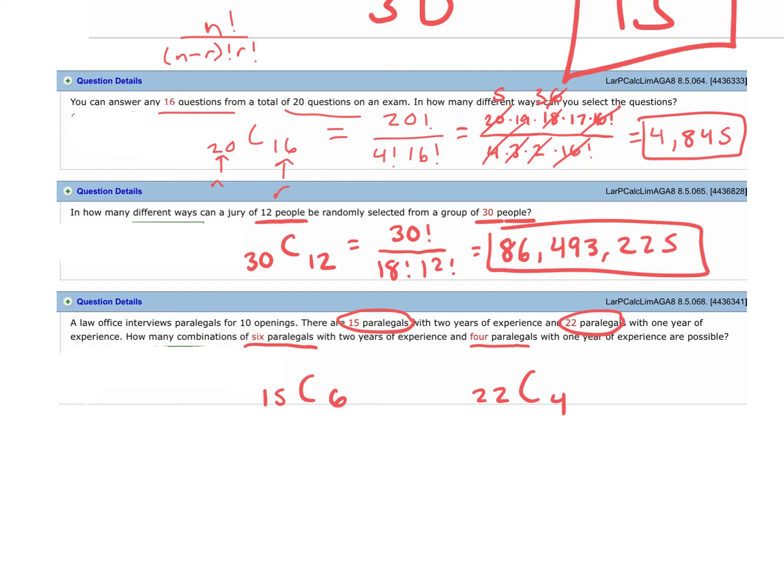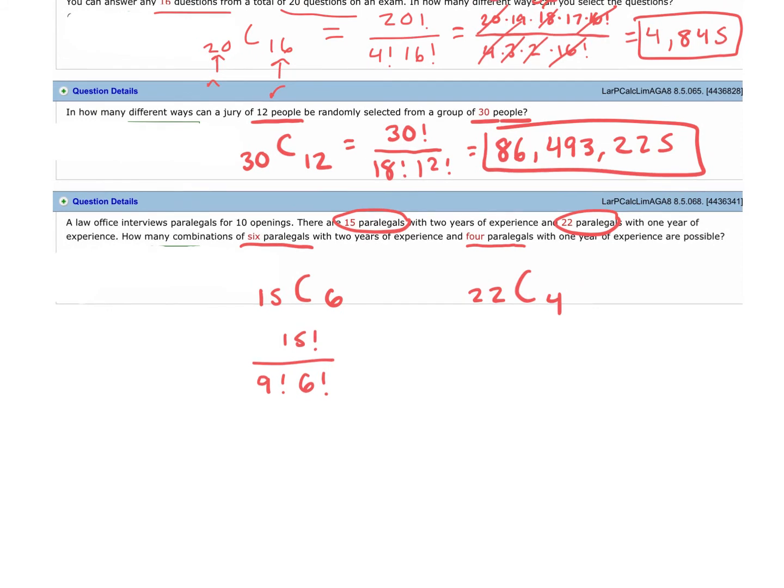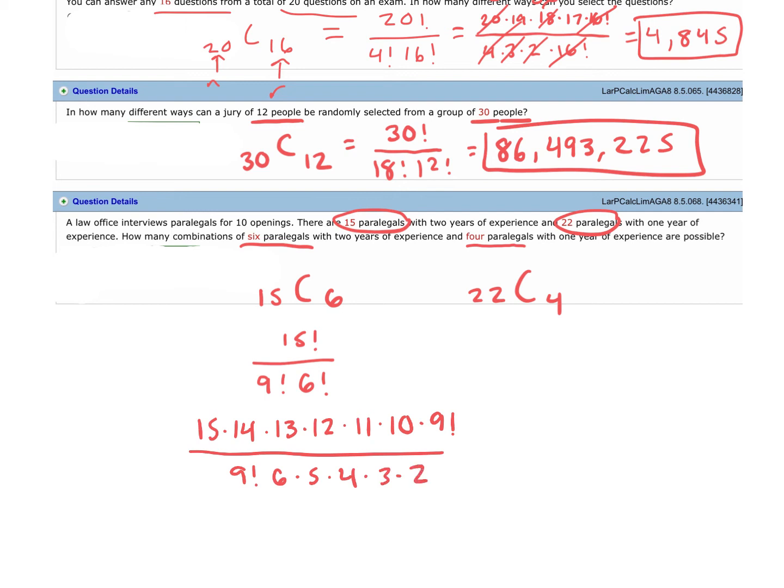So we do the same thing that we just did before, but twice. So 15 choose 6. We have 15 factorial over 15 minus 6, which is 9 factorial, times 6 factorial. So on top we have 15 times 14 times 13 times 12, 11, 10, 9. And 9 factorial times 6 times 5 times 4 times 3 times 2. 9 factorials cancel.